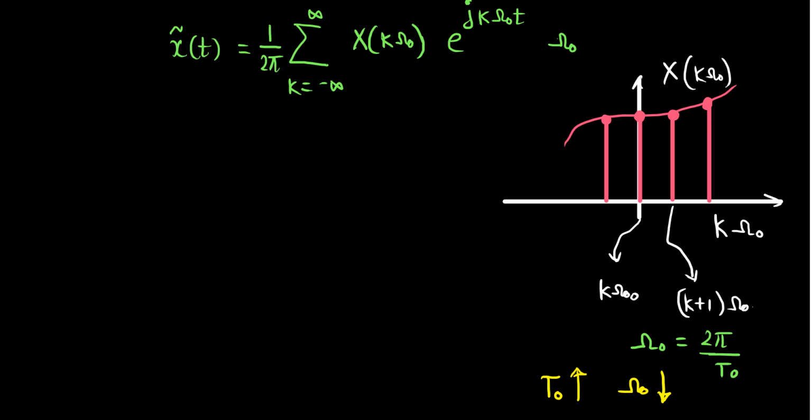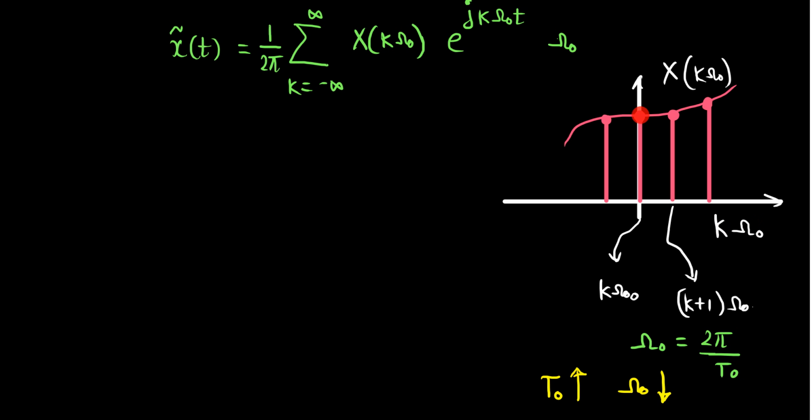What does that mean? This omega naught is the fundamental frequency, and the k times omega naught is going to be smaller and smaller as t naught goes towards infinite. As this omega naught becomes smaller, this k times omega naught is again going to be smaller.